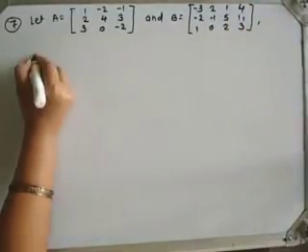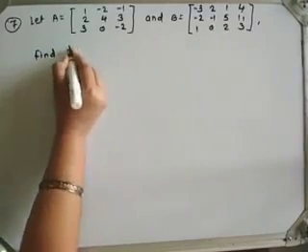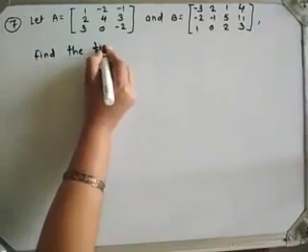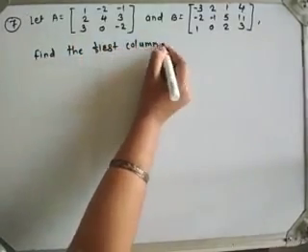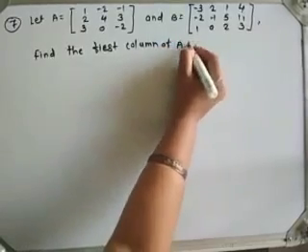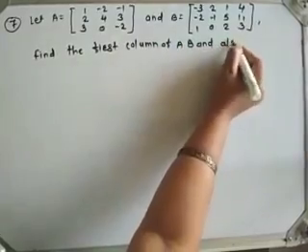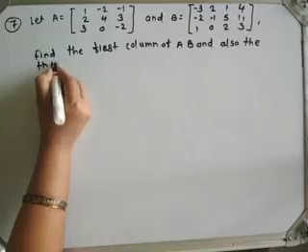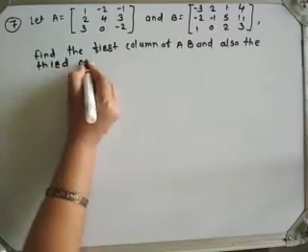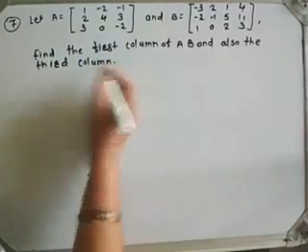Find the first column of AB, and also the third column.